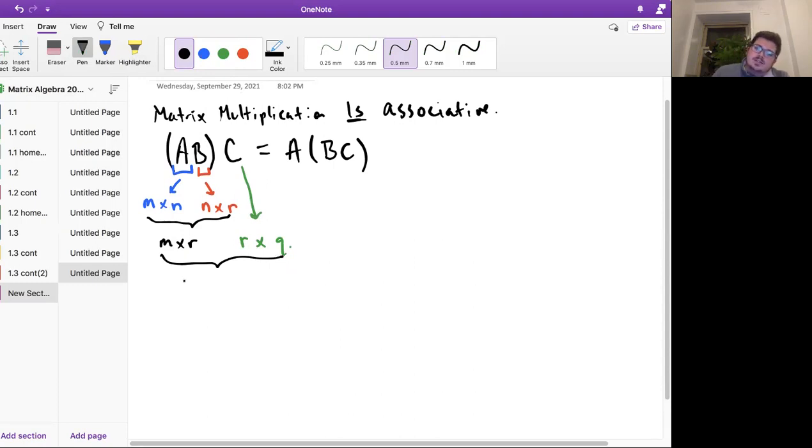M by Q, yes. Now if we claim this multiplication is associative, the dimensions should be the same. Let's double check that.